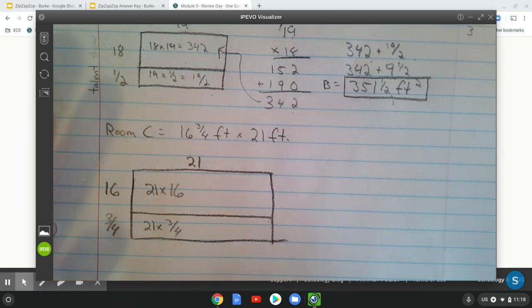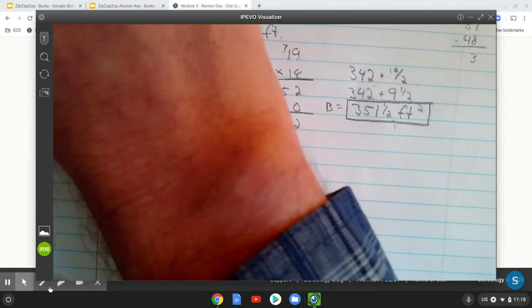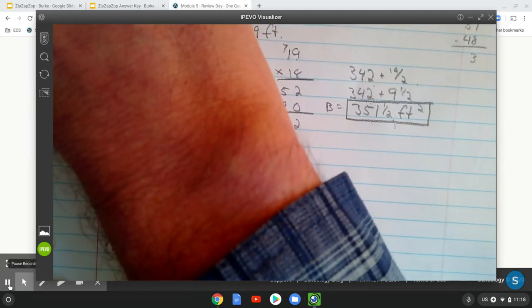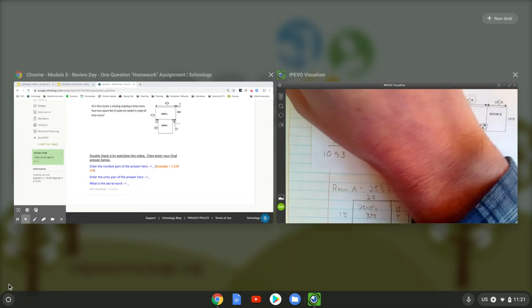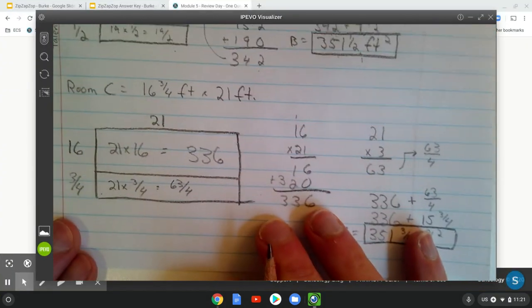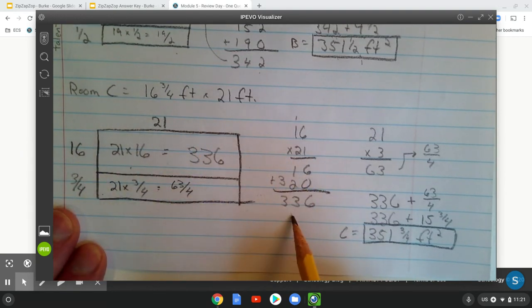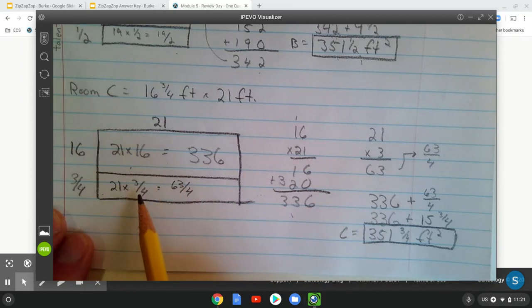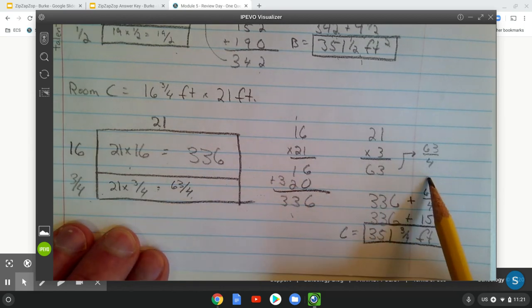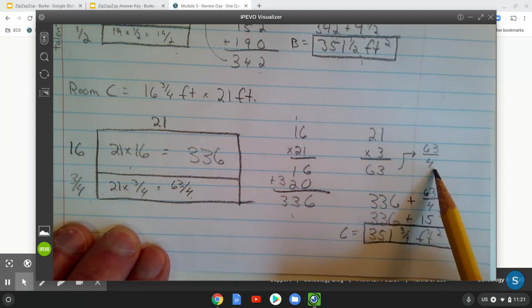I'm going to do it and then come back. So 21 times 16 is 336. 21 times 3/4 is 63/4. I just did the 21 times 3 here and then put it over 4.